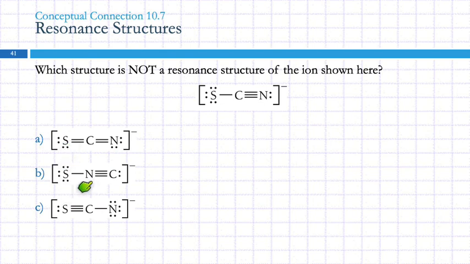But how is B different than that? It's got nitrogen in the middle. The skeleton is different. That's not a resonance structure. Resonance structures, it's only electrons that are moving around. And since this is a different skeleton structure, the bonds are between different elements. This cannot be a resonance structure of that one.